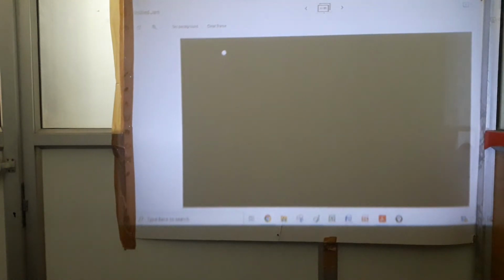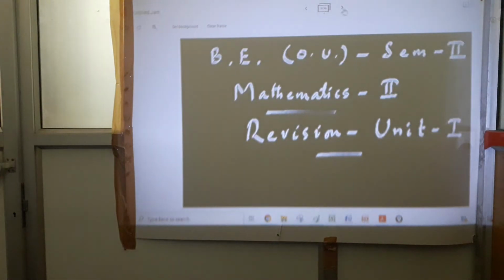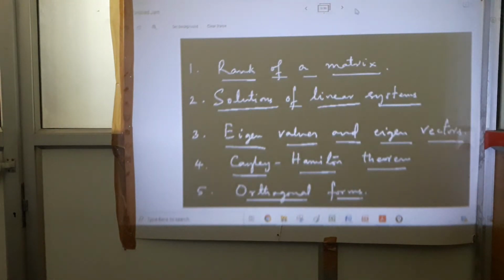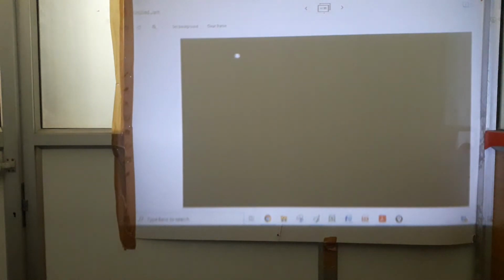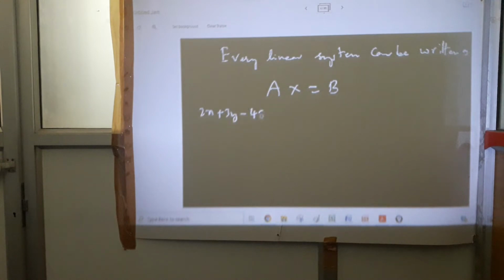Next. The next concept which we would like to see is the solutions of linear systems. Whatever linear system you have, every linear system can be written as Ax is equal to B. For example, I have the system 2x plus 3y minus 4z is equal to 5, x minus 2y plus 3z is equal to 1, 2x minus y minus z is equal to 0, suppose.